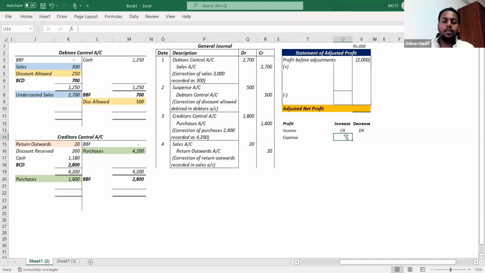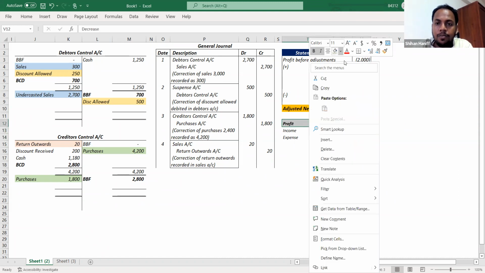Income should be credit. If the expense is credit, that means expense is reducing. If the expense is reducing, profit will increase. Okay, so you need to understand this scenario.